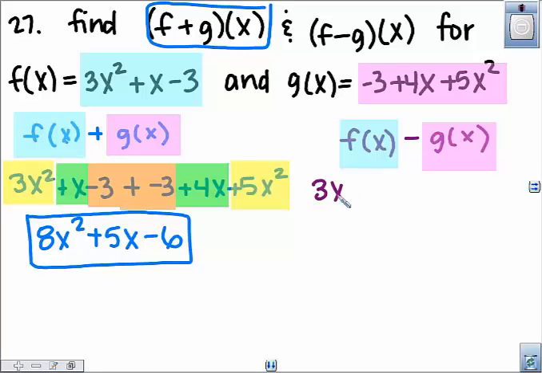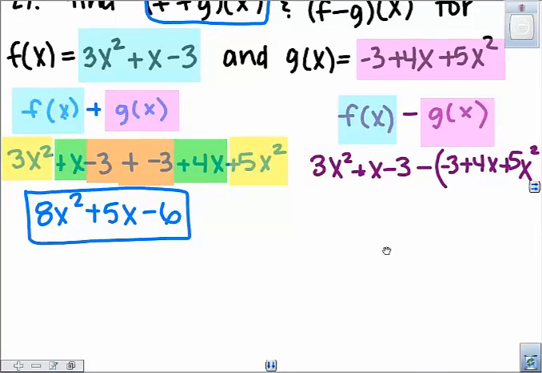So we have 3x squared plus x minus 3 minus, now g of x is going in parentheses, -3 plus 4x plus 5x squared. Okay, now that negative is going to go to everything in here.